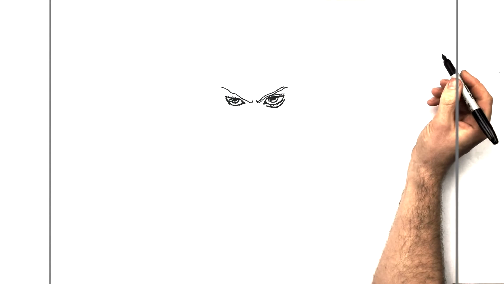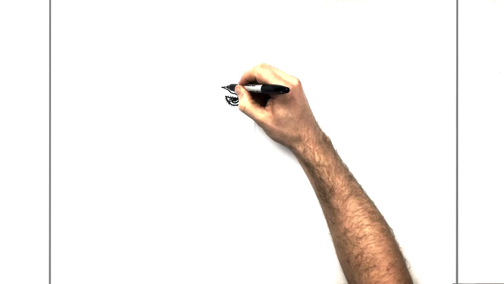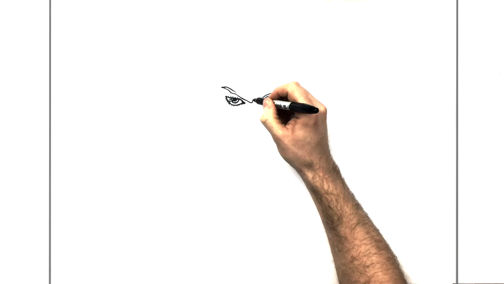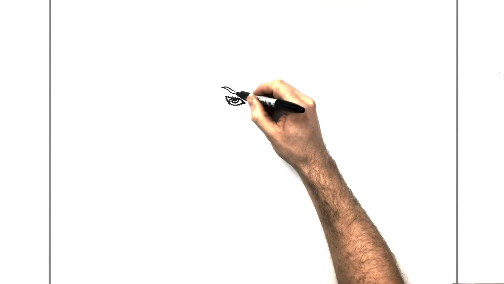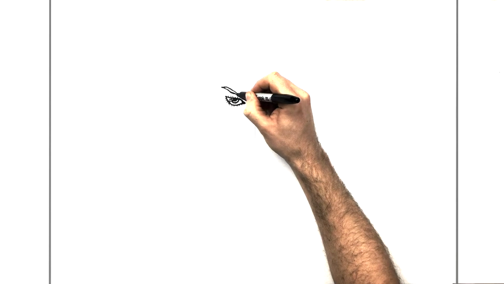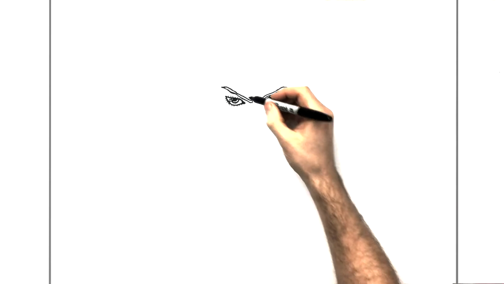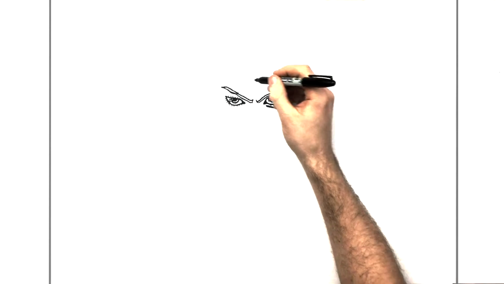Pointy part just there. And then it comes back to a point this way. And then it comes down. Like so. And it can bend and wave. Going up here. So they don't have to be perfectly straight eyebrows. That's a good thing.